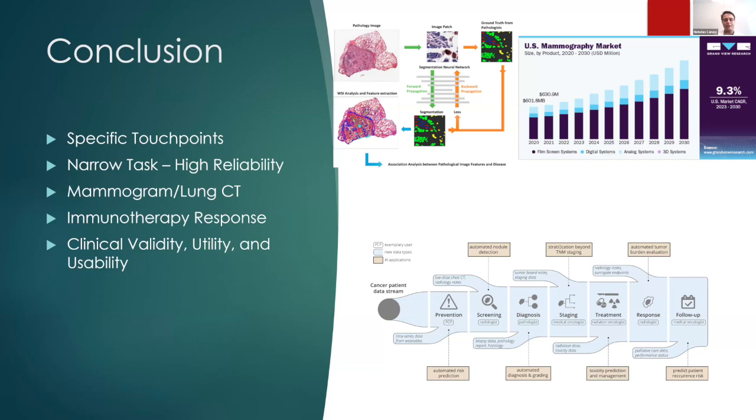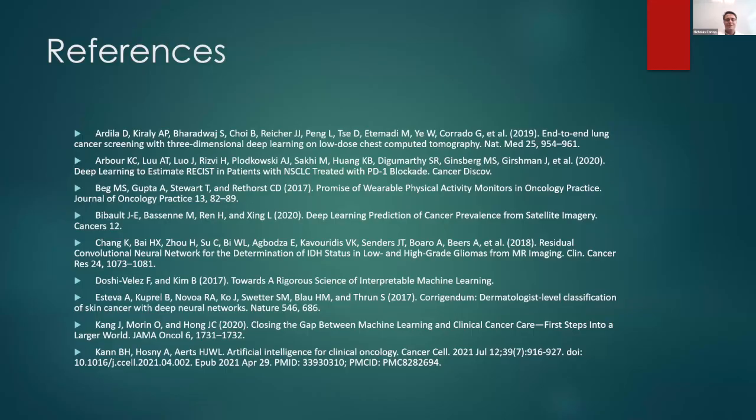Immunotherapy is a difficult to gauge form of cancer treatment that could be improved using pathology and AI. And of course, all of these utilizations will only matter if they have clinical validity, utility, and usability. Here are my references. Thank you.